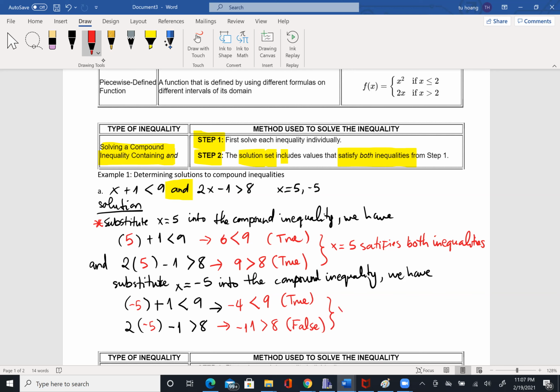So I'm going to say here x equals -5 does not satisfy both inequalities.